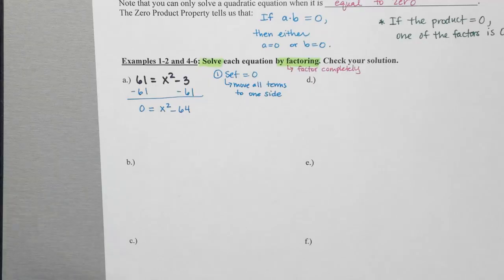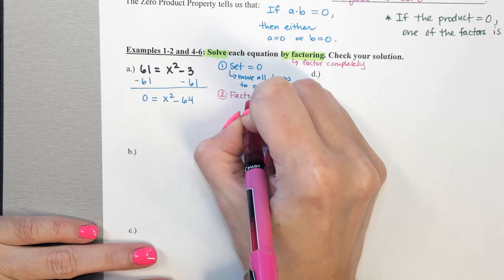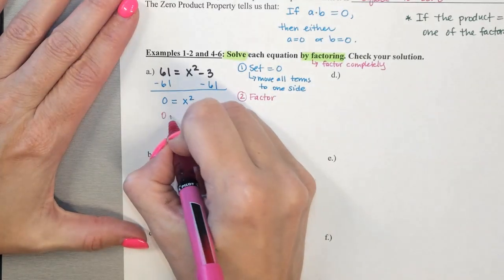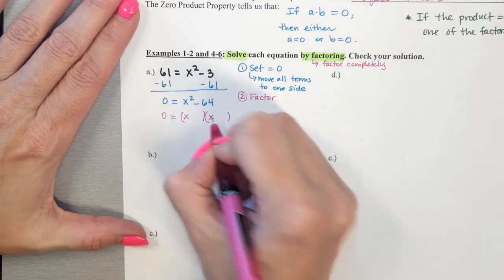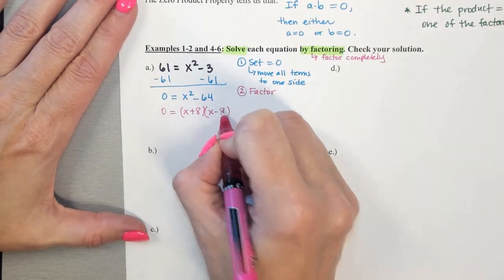That way your x squared is positive. Once you do that, now you factor. This is our difference of two squares that hopefully we recognize because we practiced that in our warm-up today. So it should be x plus 8, x minus 8.